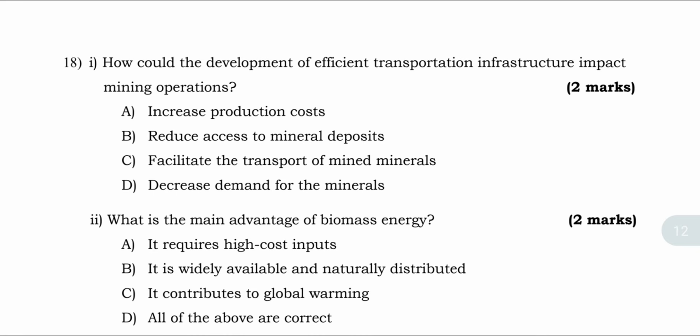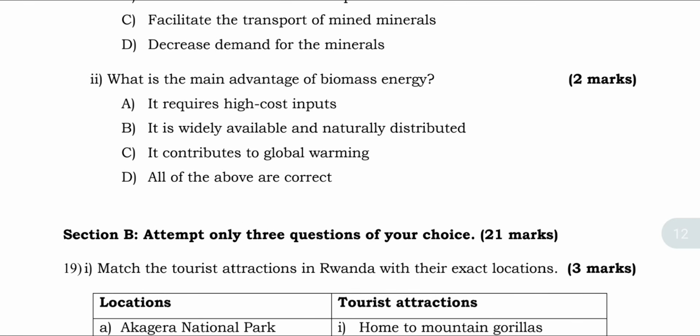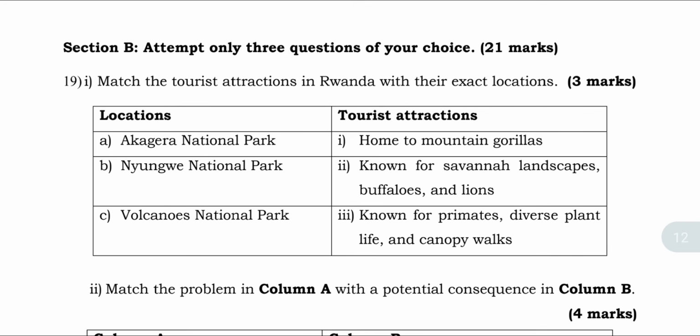You have 4 options, you have to choose the best answer. Increasing production costs, reduce access to mineral deposits, facilitate transport of mined minerals, decrease demand for the minerals. Number 2, what is the main advantage of biomass energy? It requires high cost inputs, it's widely available and naturally distributed. Choose the best answer.